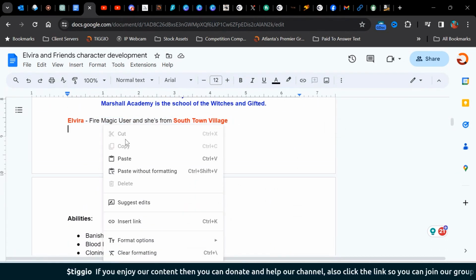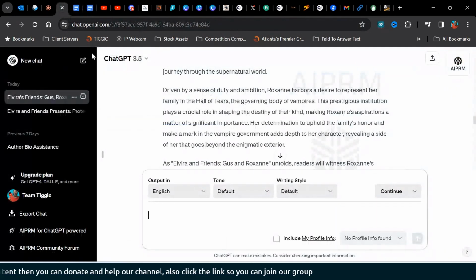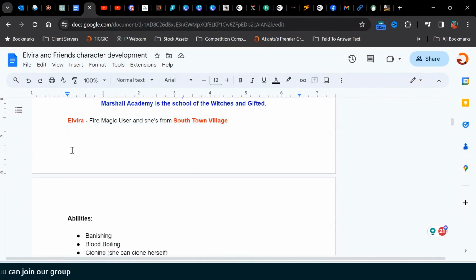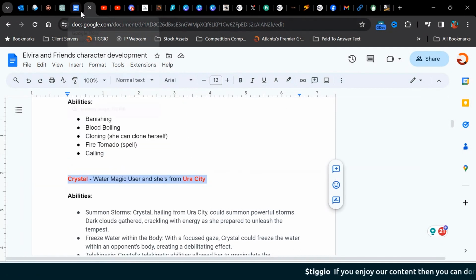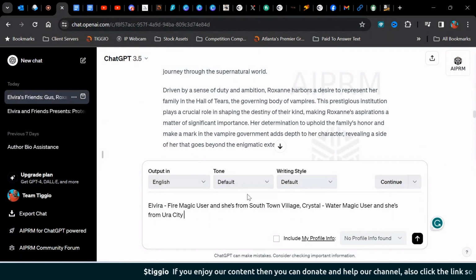All right, so we're going to put Elvira in here. And the three main characters on every book that I'm doing are Elvira, Crystal, and Amber. Those are the three main characters.